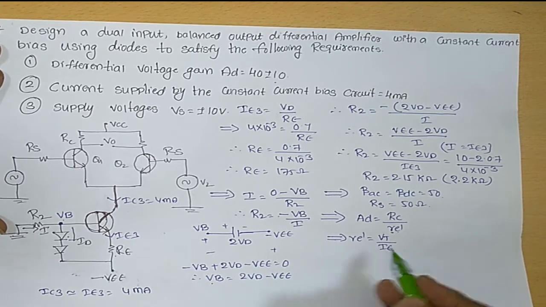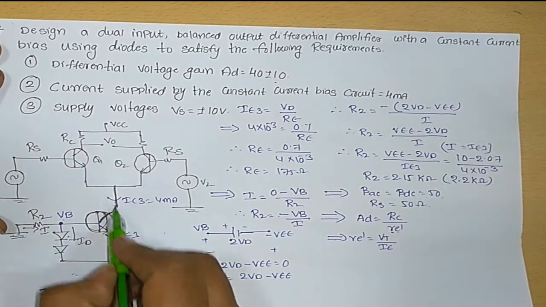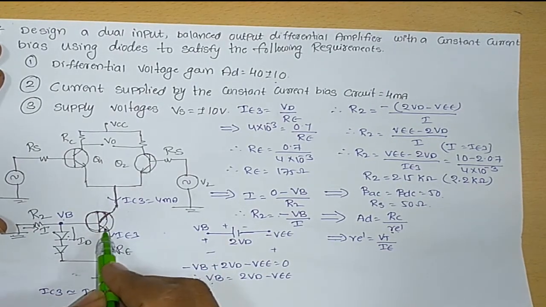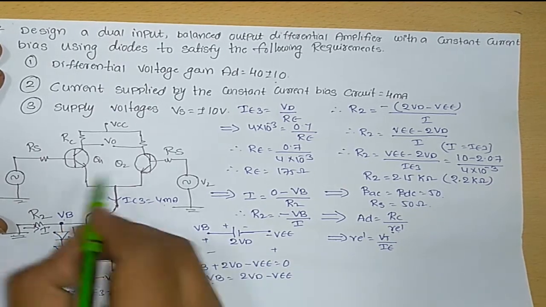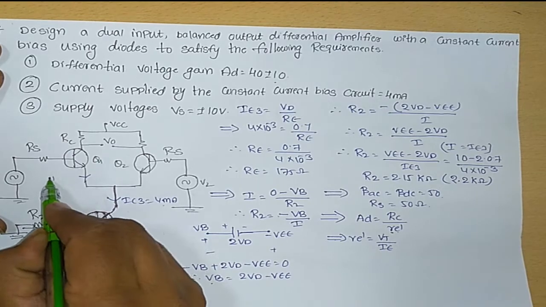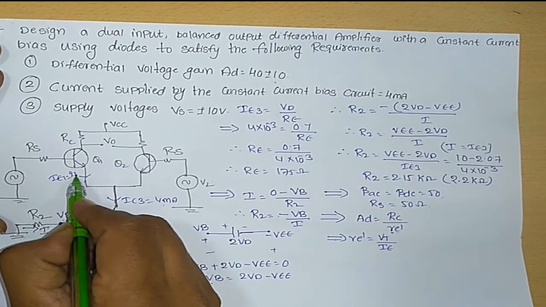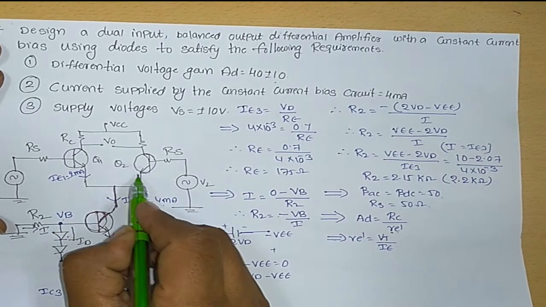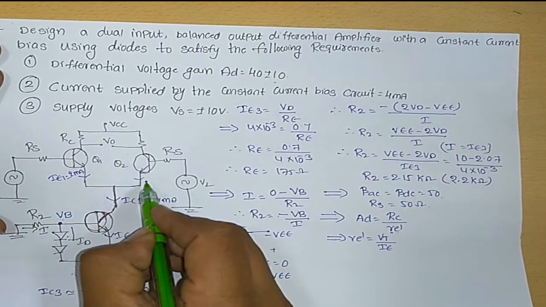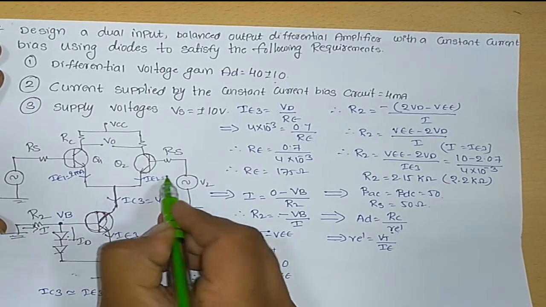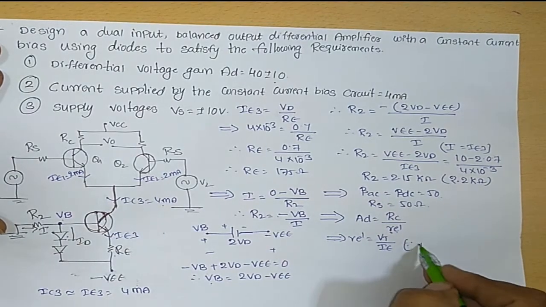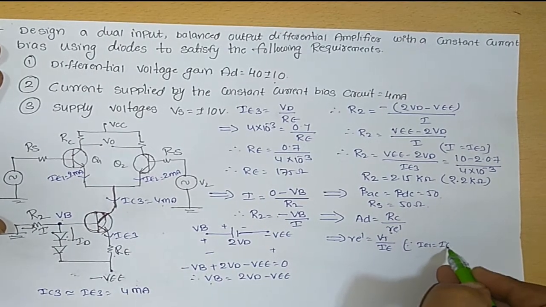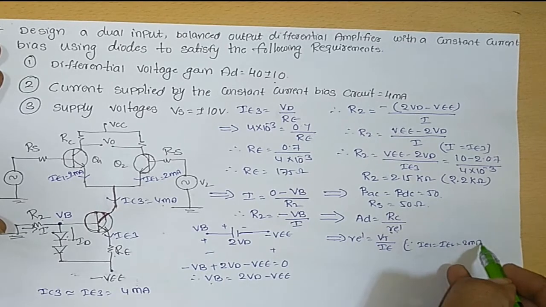And we know that in this circuit the collector current IC3 of the Q3 transistor is 4 milliamperes. Therefore, the Q1 transistor IE1 equals 2 milliamperes and the Q2 transistor emitter current IE2 equals 2 milliamperes. Therefore, IE1 equals IE2 equals 2 milliamperes.